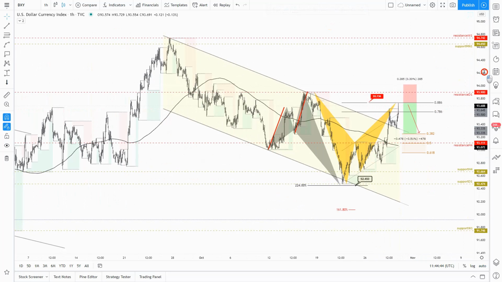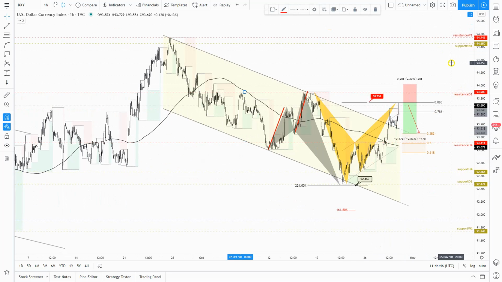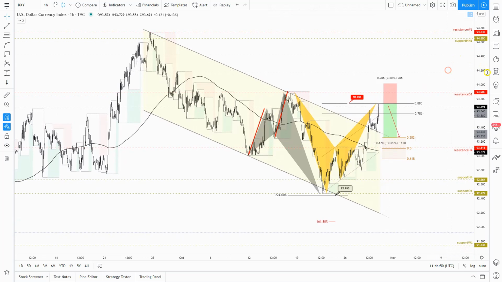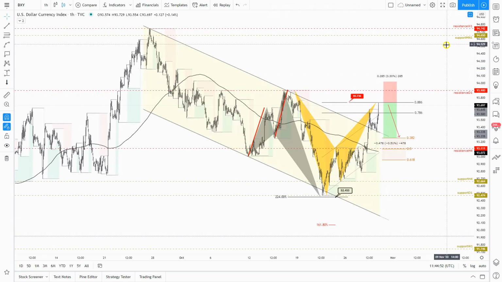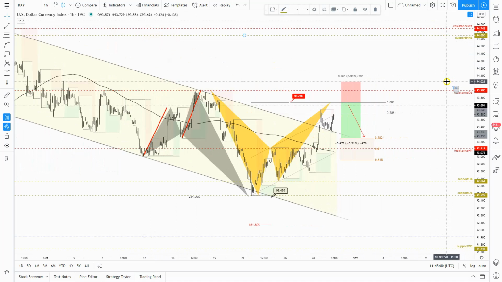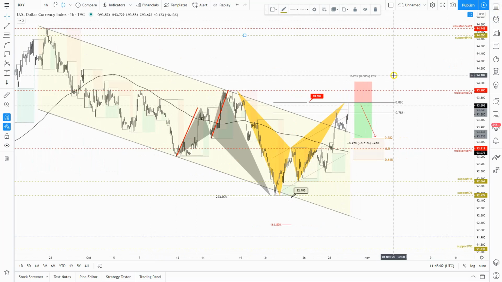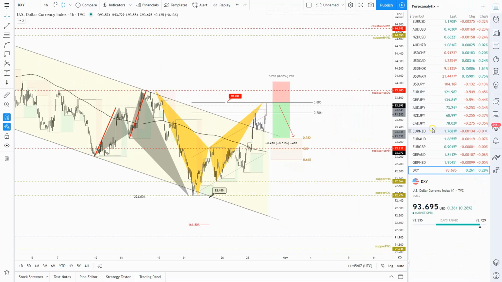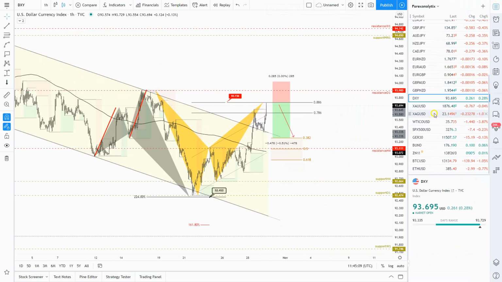Bearish bat pattern above the daily fractal. I believe the market will trade even higher and it will retest the monthly fractal support once again. It has been retested one time and eventually it will be retested again if that happens. For now, we are approaching that bearish bat pattern completion point, very similar to the euro versus dollar.